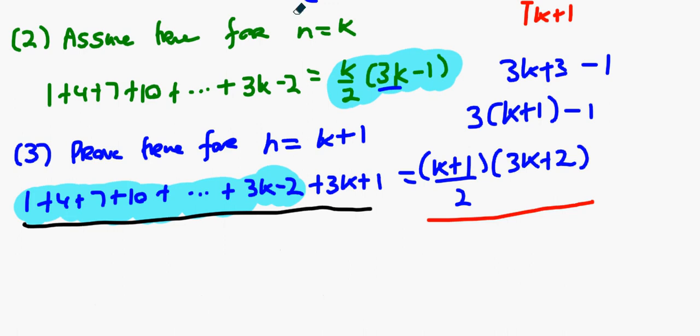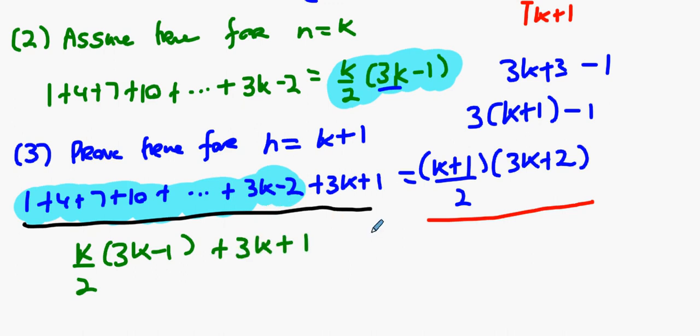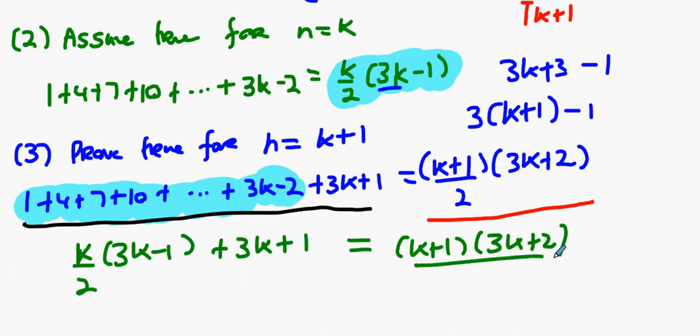So now I'm going to say, k over 2 into 3k minus 1. That's that blue part there, yeah? And what else is there? The 3k plus 1 is there. And that has to balance out the red side, which is k plus 1, 3k plus 2, all over 2.